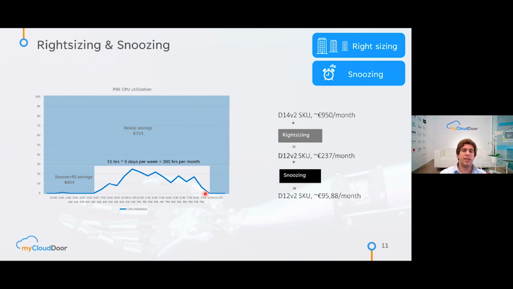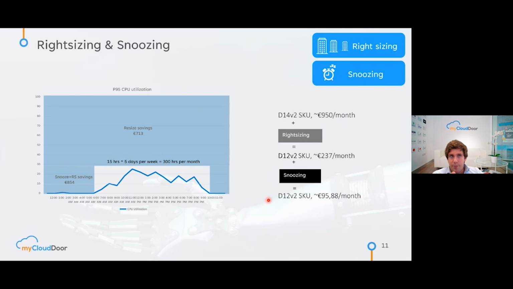So if you only are using this VM for 300 hours per month, you are able to shut down all this size. So at the end, you will be only paying less than 100 euros per month. So at the end, it's 90% savings, just adjusting the size and shutting down the VMs on not use times.